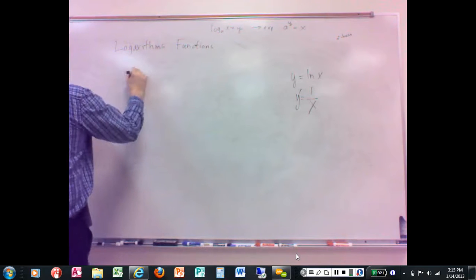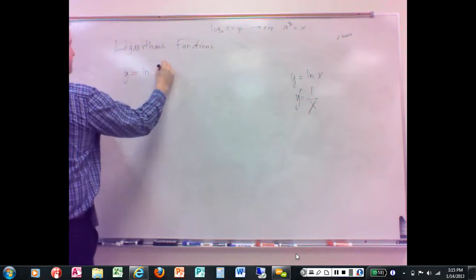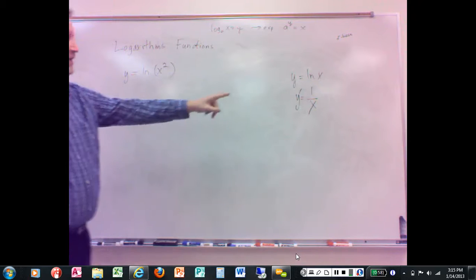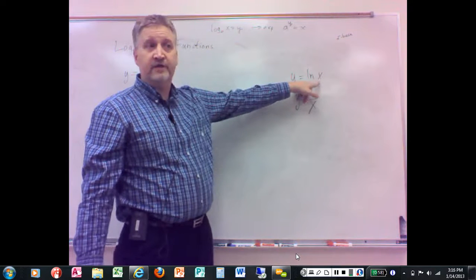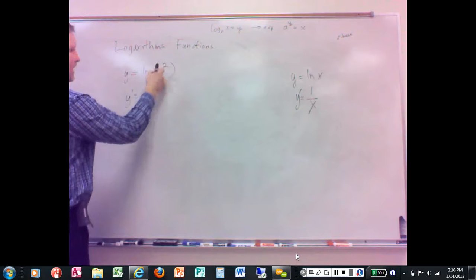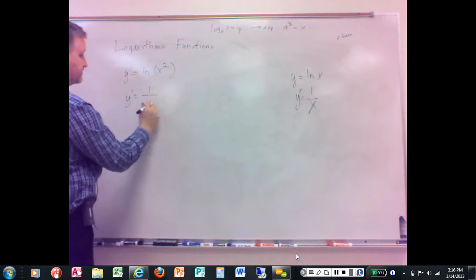If I have y equals the natural log of x squared, well, the derivative of the natural log is 1 over whatever this was. It's a chain rule, isn't it, again? I'm going to have to do 1 over not x, but x squared.